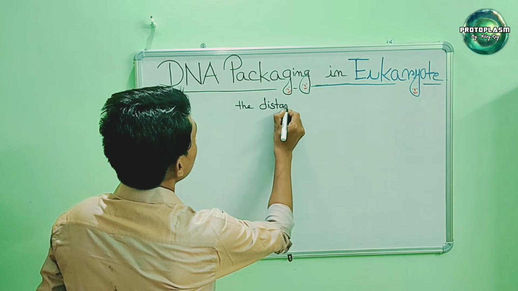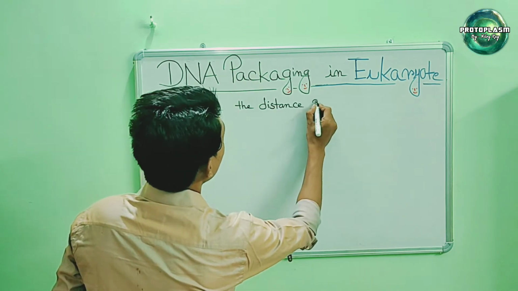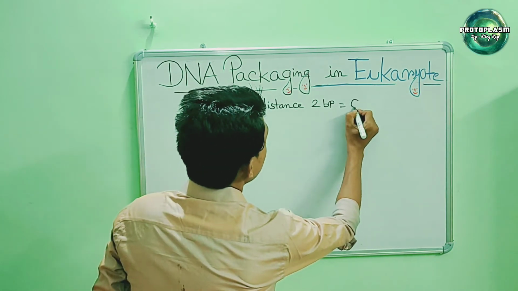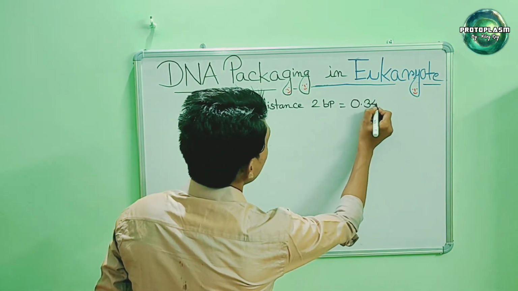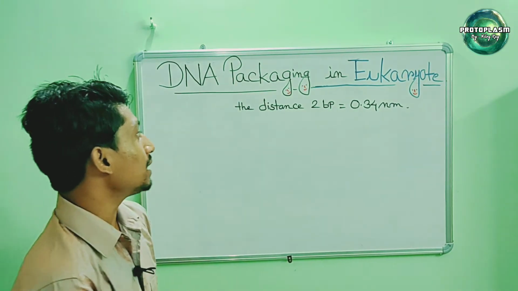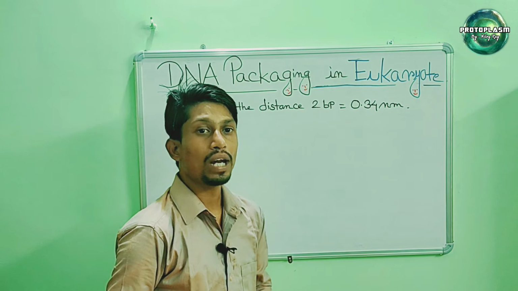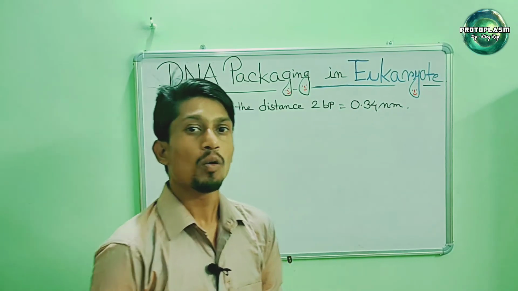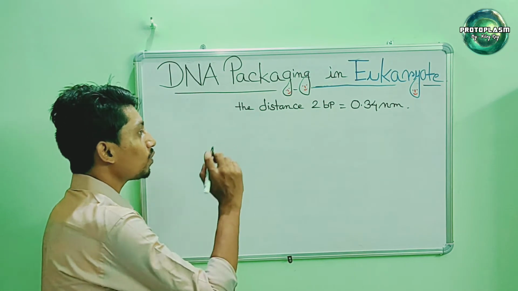between two adjacent base pairs is 0.34 nanometer. So by this value we can calculate the total length of mammalian DNA within a cell. So what will we get?